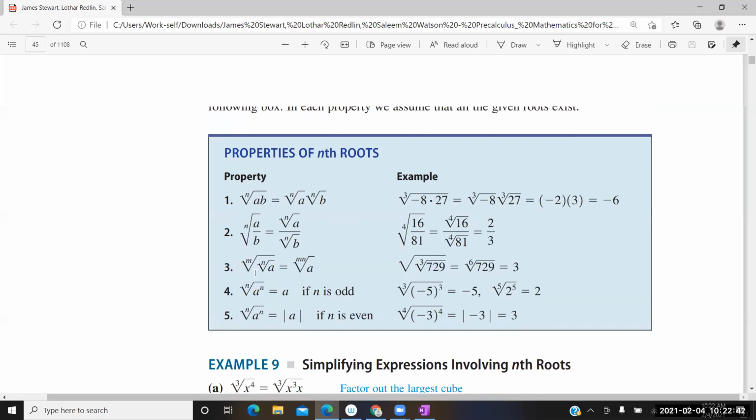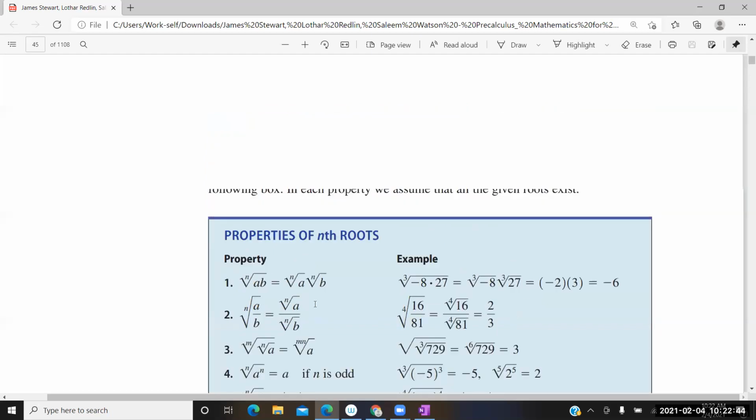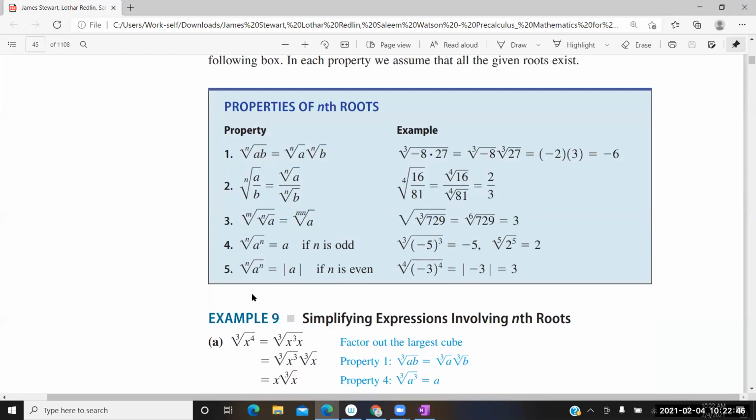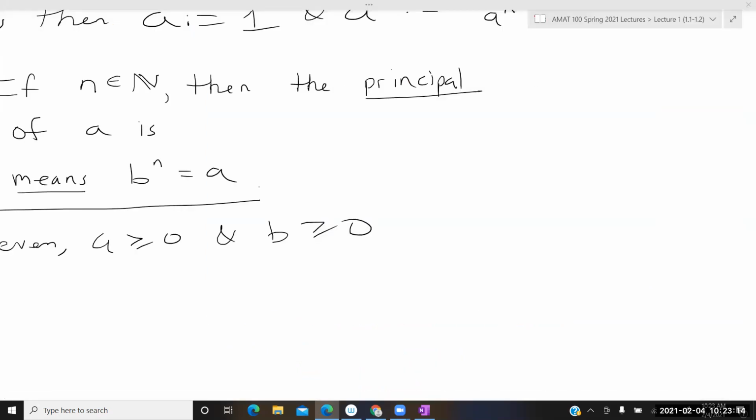But in the case that n is even, you have to be careful because you don't want, for instance, the square root of a negative number. The square root is a second root, so n is even. So you don't want, say, the square root of -1, because we're dealing with real numbers only. And the square root of -1 is not a real number, I should point out.